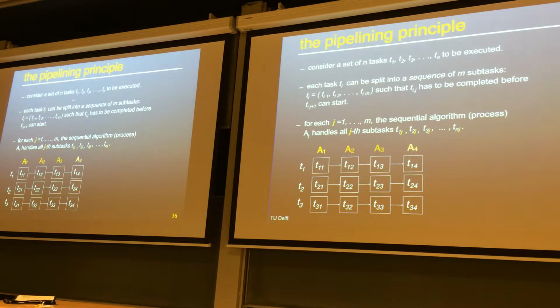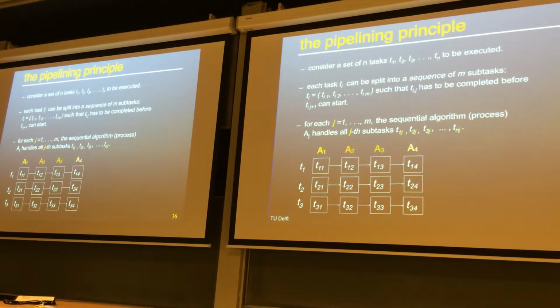So here you have the basic setup. There are n tasks to be executed. Each task consists of a series of subtasks that have to be performed in a sequential way. But since there are n of those tasks, we try to perform concurrency as follows.